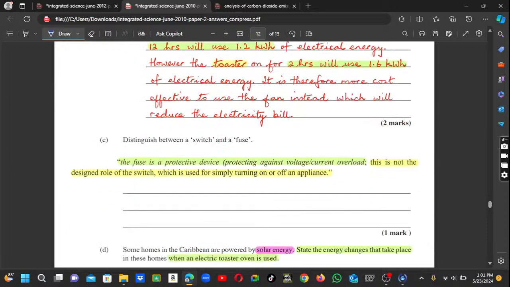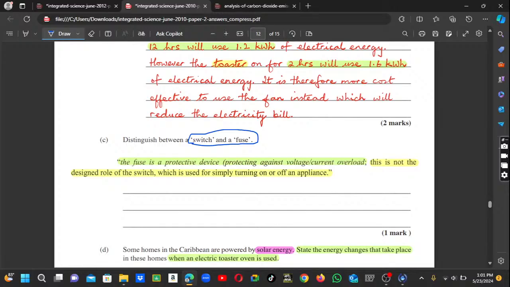Now we're going to distinguish between terms, guys. We need to know these terms, please. This one is a must, it will come on your exams. We need to know the difference between a switch and a fuse, and you need to know how to label a switch and a fuse.